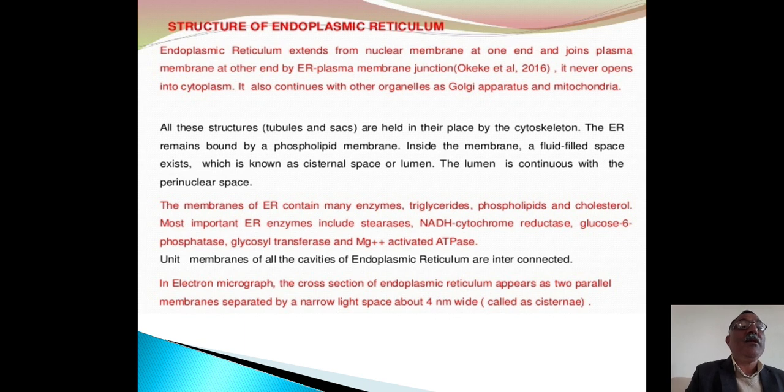Inside the membrane, a fluid-filled space exists, which is known as cisternal space or lumen. The lumen is continuous with the perinuclear space. The membrane of endoplasmic reticulum contains many enzymes, triglycerides, phospholipids, and cholesterol.